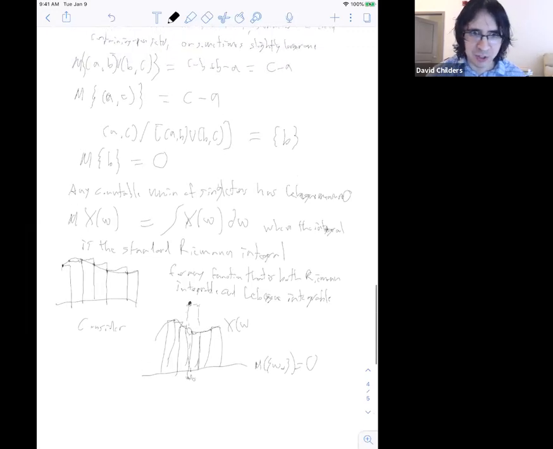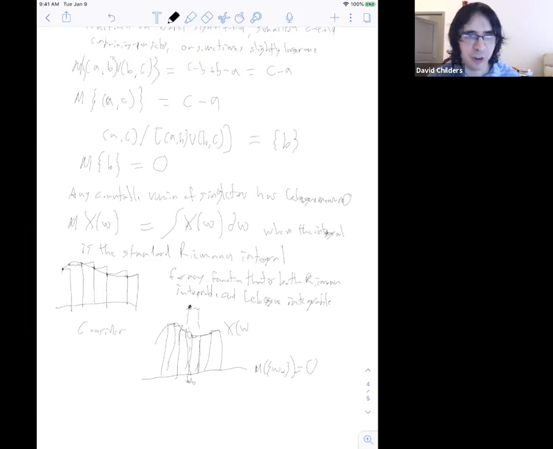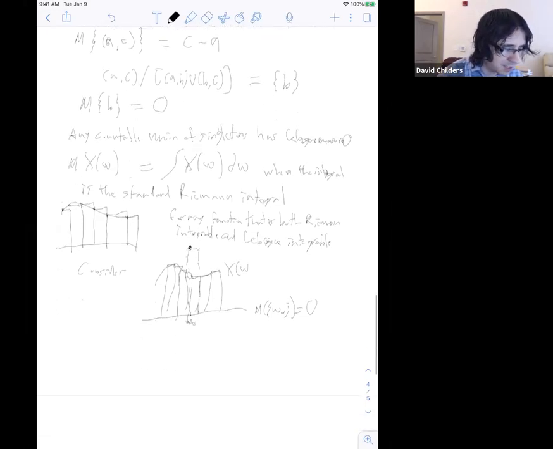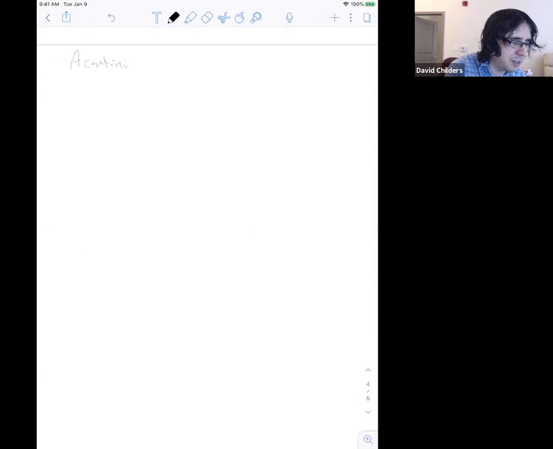And that's the main result that gets used from measure theoretic probability that's distinct from standard integration. And other than that, you can probably rely on your knowledge of basic integrals. So that's Lebesgue integration.